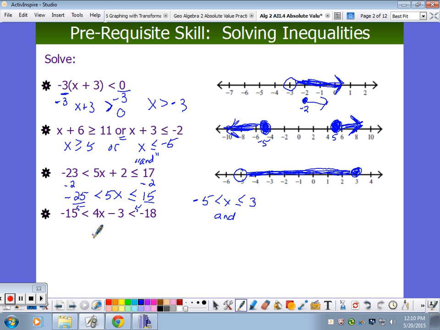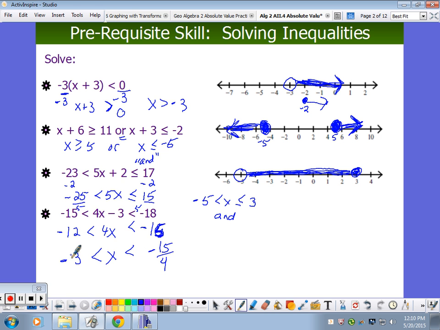And if I try to solve this one, kind of strange things happen. If you add 3 to both sides, that's negative 12, 4x, negative 15. Divide by 4 on both sides, that's a negative 3, and this is whatever negative 15 over 4 is.